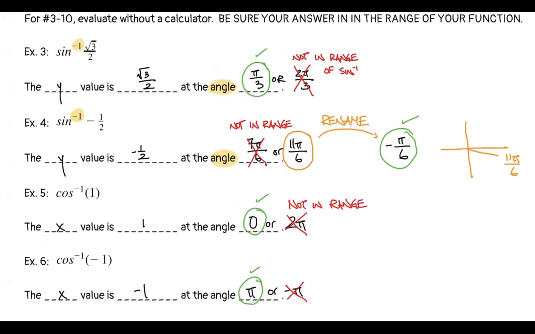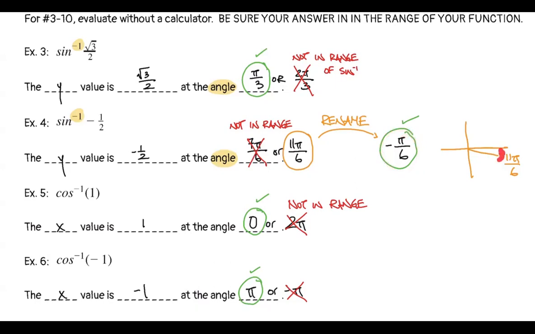But 11 pi over 6 is too big of a name, right? Because if we're thinking in degrees, we're calling it 330 degrees, which is bigger than 90. So we want to think, how do we name this in maybe a negative way so that we'll get a number that is between pi over 2 and negative pi over 2. Right?